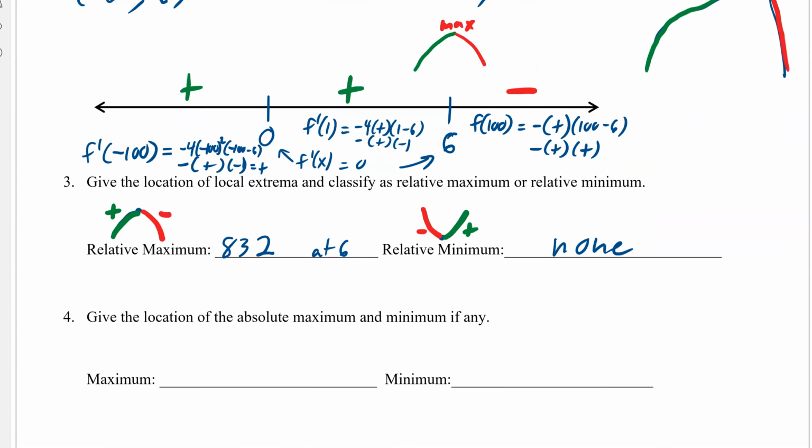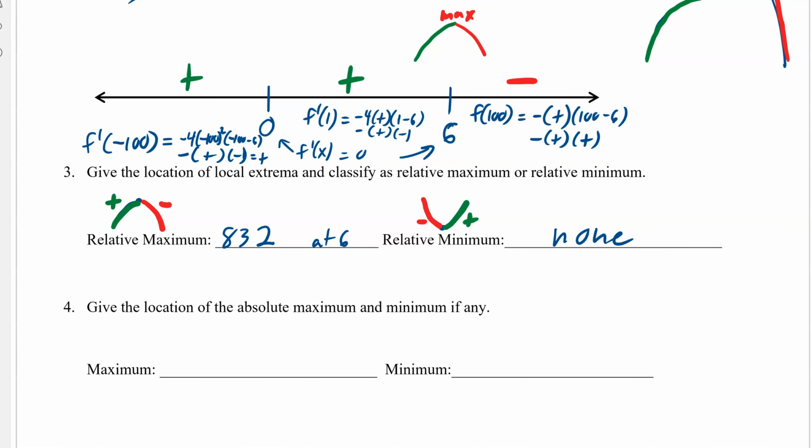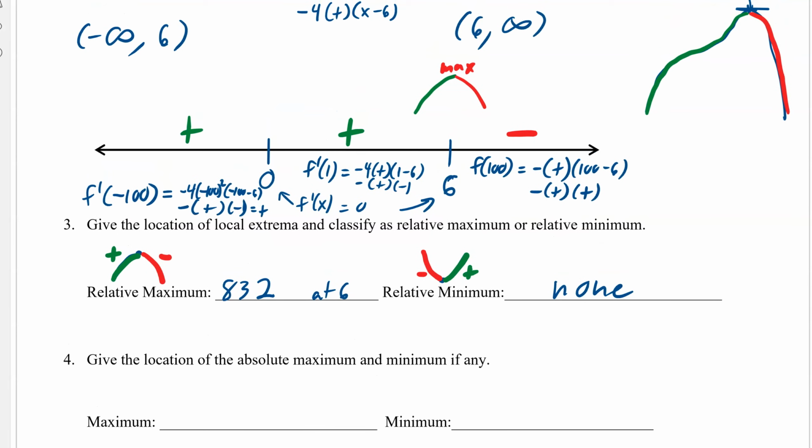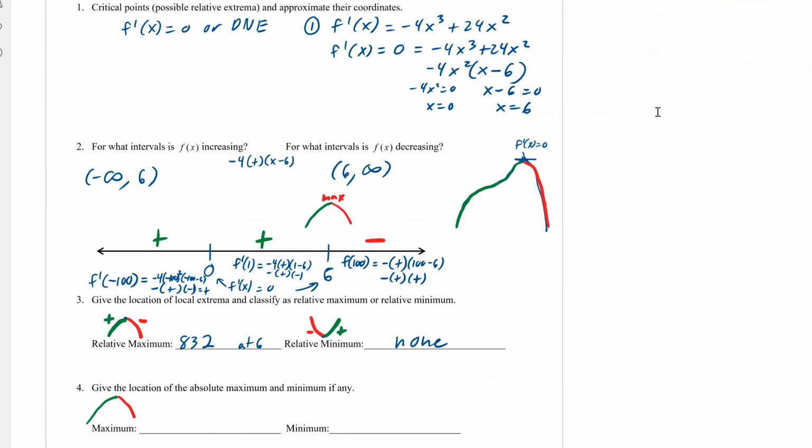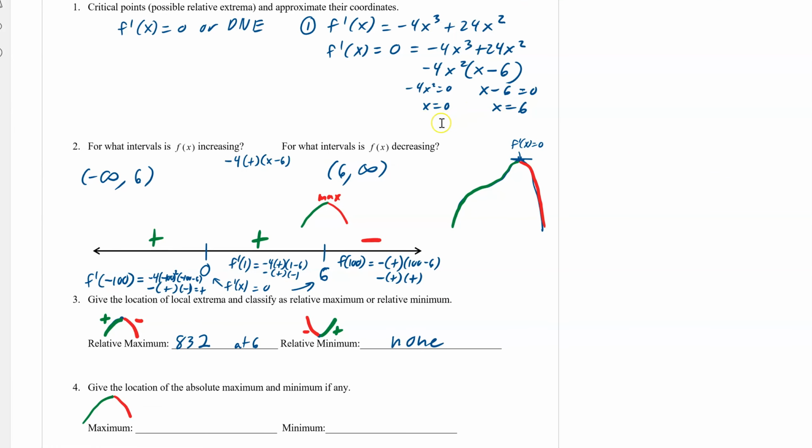All right, so now absolute max and min. If you look, that is an absolute max because it increases to it and decreases. So in order to get an absolute max, we need to have that increase all the way up and decrease all the way down and no back up. It's not going to come back up again, not going to come back down again. And the way we can tell it's not going to do that, if you expand the graph farther out, is there are no more critical numbers.